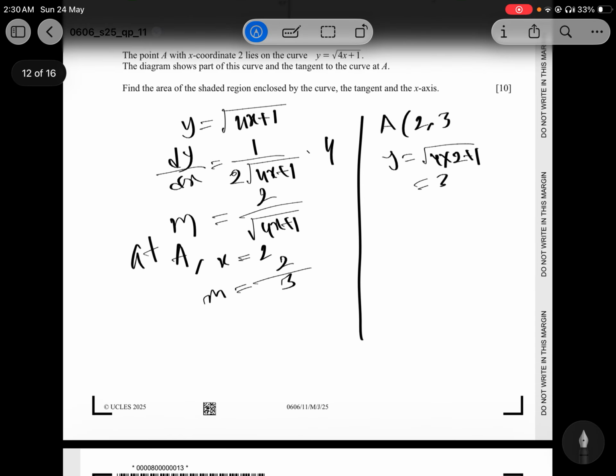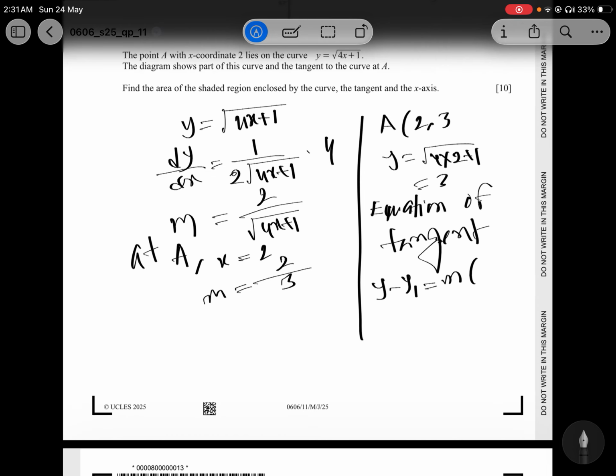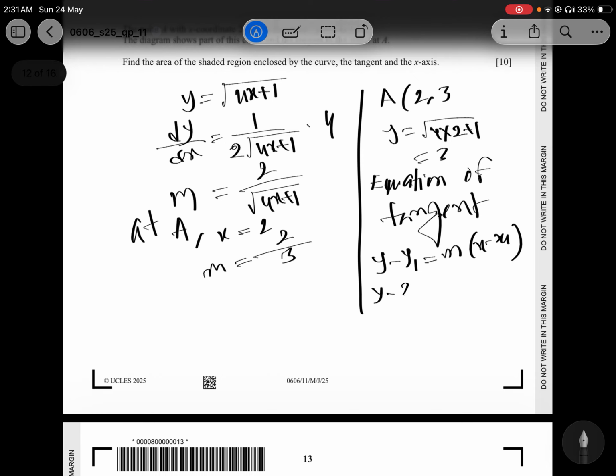Okay, so the equation of tangent: y minus y1 is m times x minus x1. Okay, let me recheck. 2 by 3 times x minus 2.